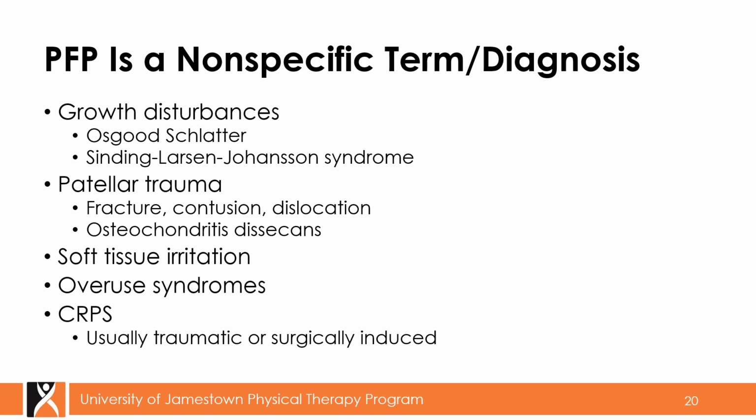Patellar trauma, this would be the red flag diagnosis, so it doesn't fall under the region non-specific disorder. Soft tissue irritation, oftentimes associated with overuse syndromes, would be considered that region non-specific disorder, and then complex regional pain syndrome is something completely different. However, it can present in the knee, so it's something that we need to have on our differential diagnosis list.